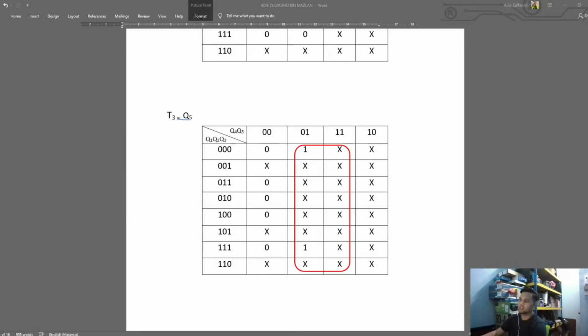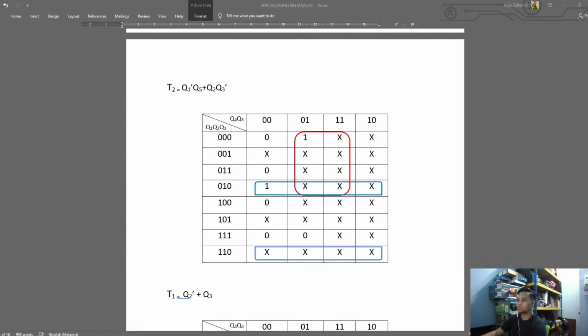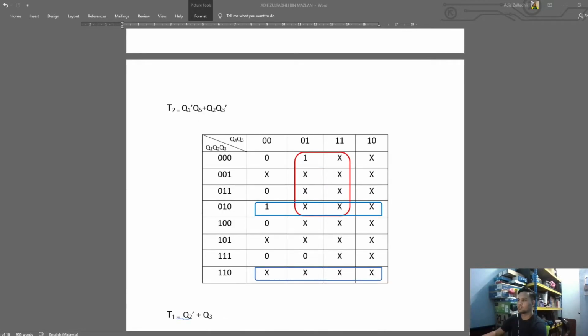For T3, there are only two number 1s, so we can regroup the output just here. The equation for T3 is Q5, and this is T2. This is Q1 bar Q5, and this is Q2 Q3 bar.